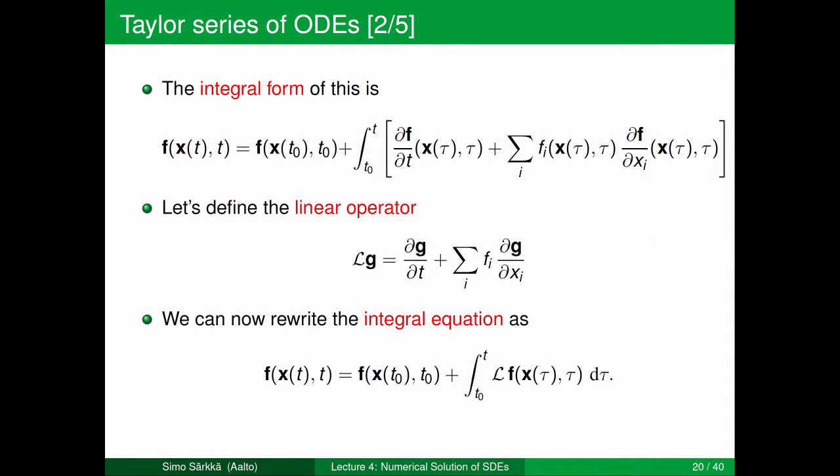With this notation we can write the integral equation: f at x t, t is equal to f at x t0, t0 plus the integral from t0 to t of the linear operator L applied to f of x tau, tau d tau.